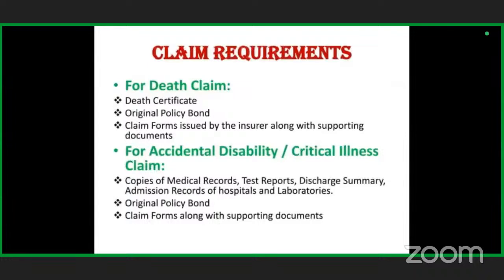Then for accidental disability or critical illness claims, copies of medical records, test reports, discharge summary, and admission records of hospitals and laboratories, along with the original policy bond and claim forms with the supporting documents.